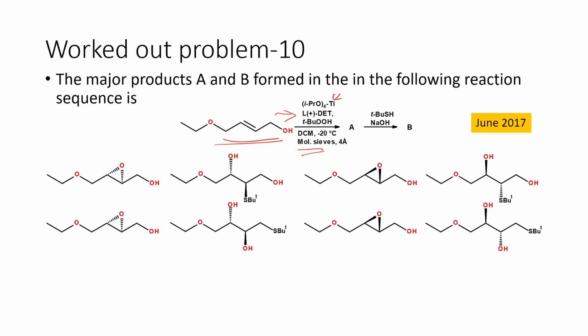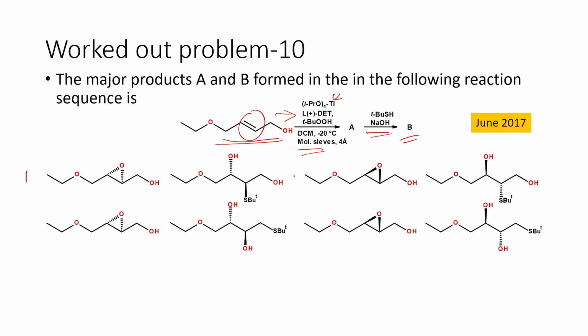So that means this particular combination is mainly used for epoxidation reaction. So epoxidation of the allylic alcohol is the one that is possible. And then the next one is tertiary butyl thiol in the presence of sodium hydroxide gives a product B. So we have to find out what is A and B.